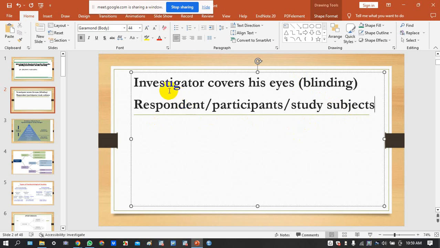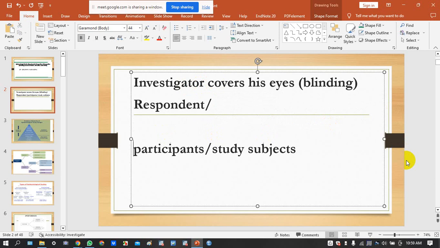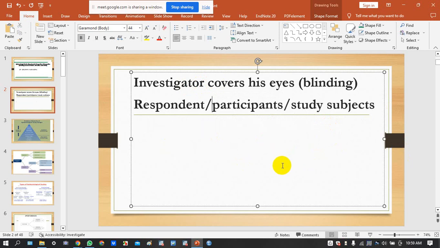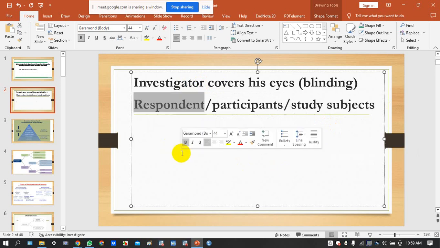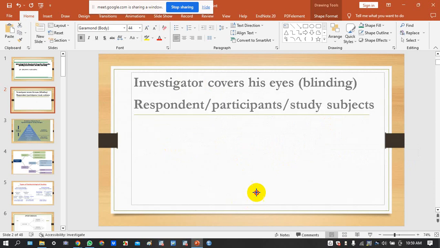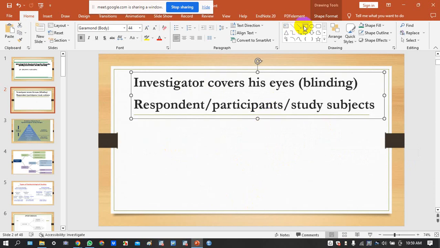So if we blind only the investigator, that is you who is doing the research, and we don't blind the participants, or we blind the participant and you don't blind the investigator, we call it single blind. Randomized control single blind study.